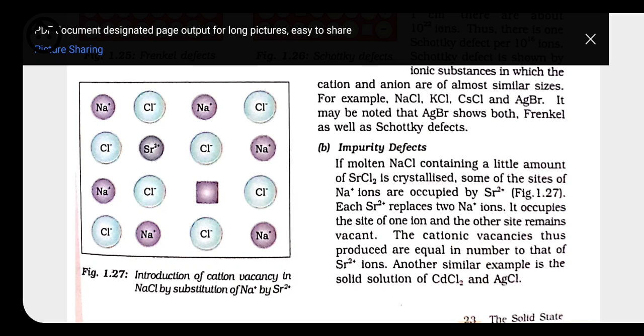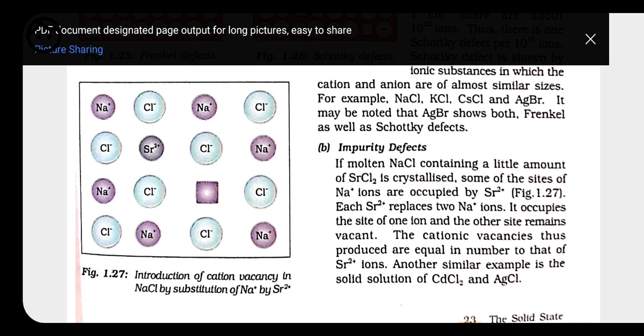So this type of defect is called an impurity defect, in which some impurity is present in the crystal. Any crystal we can take. If we have cadmium chloride and silver chloride, and we heat silver chloride, some impurities may be involved in the formation of this type of crystal.